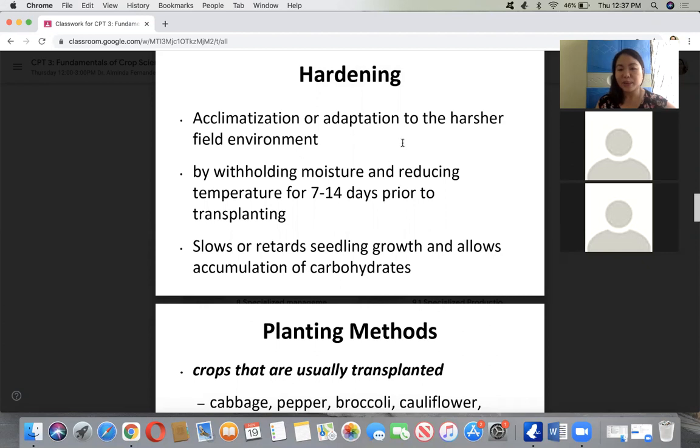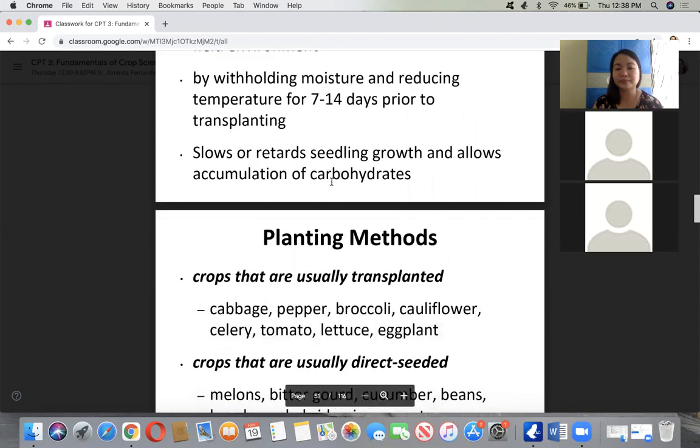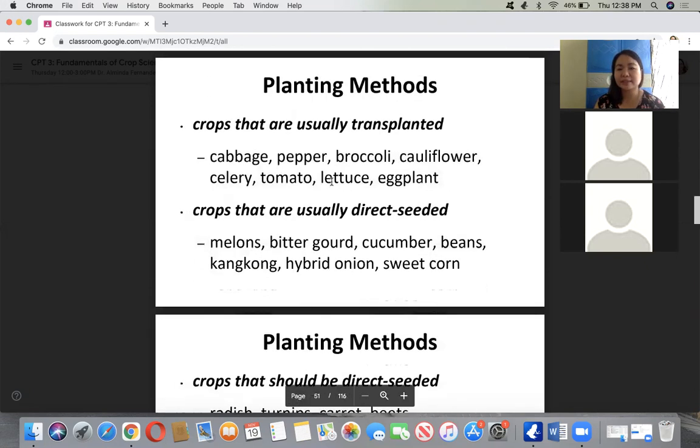It means you expose it to heat or a harsher environment so it is ready when the actual seedling growth happens, because it has enough accumulated carbohydrates. And how do you do that? By not watering it and reducing temperature for about a week before the transplanting.